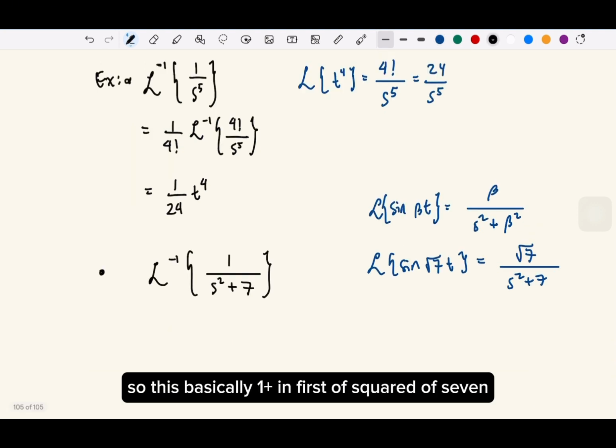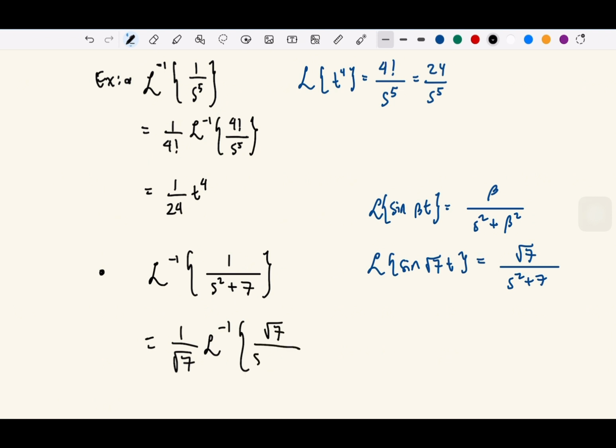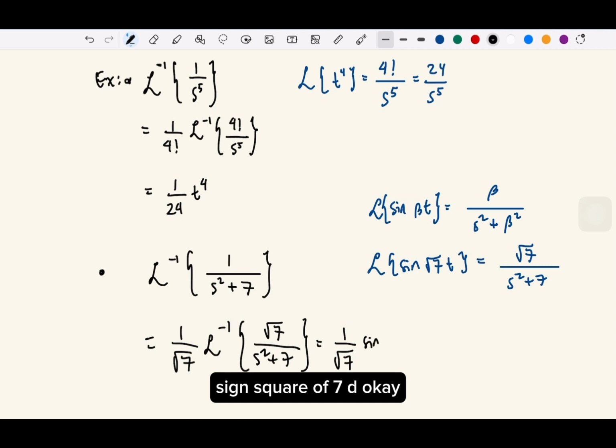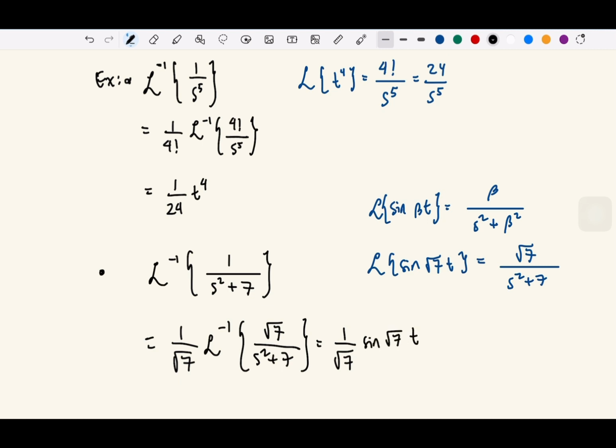So this basically is 1 over square root of 7, Laplace inverse of square root of 7 over s squared plus 7, and this will be 1 over square root of 7 sine square root of 7t.